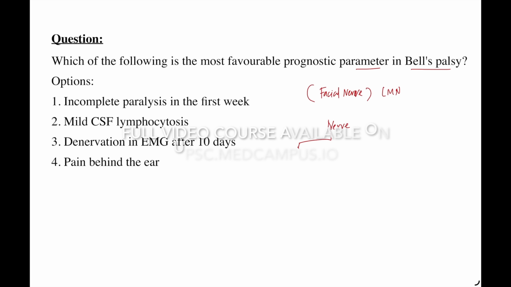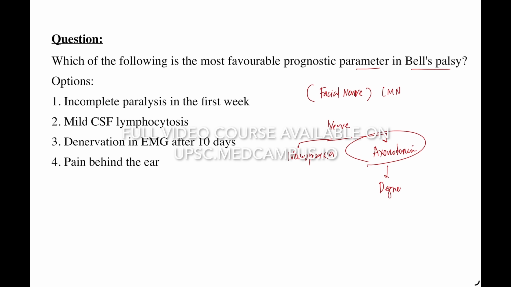It can be neurapraxia, that means only half cut or incomplete palsy, or it can be axonotmesis, that means complete cutting of the nerve. If complete cuts, it only degenerates. It is very difficult to regenerate. But if it is a partial cut, it can regenerate. That means any incomplete paralysis is a good sign. So incomplete paralysis in the first week is always a very good prognostic sign.